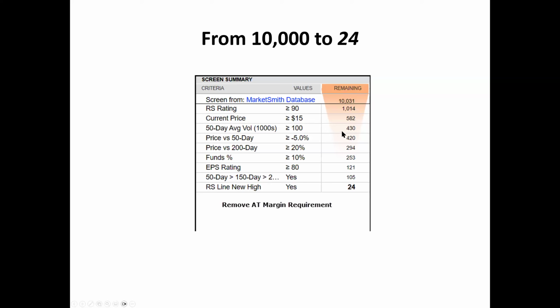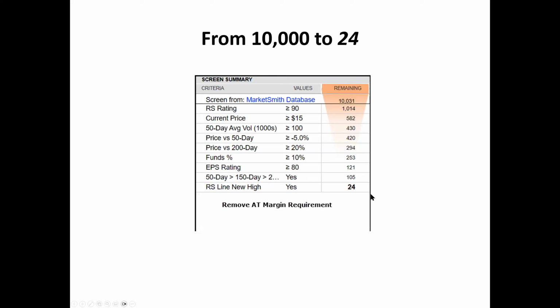Now, this is what I want to show you. I'm going to bang through a bunch of stocks and then I'm out of here. And members, I'm sorry, but I actually go over this in tonight's strategy session too. Anyway, so starting with 10,000 stocks, these are just the criteria. There's nothing secret about this.